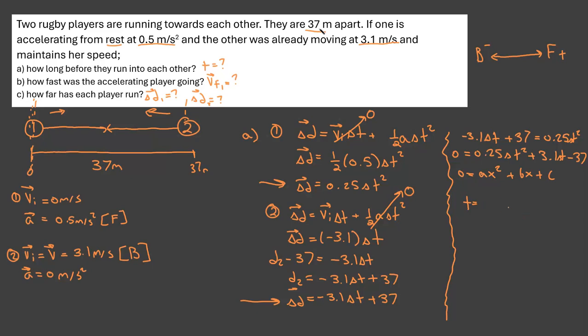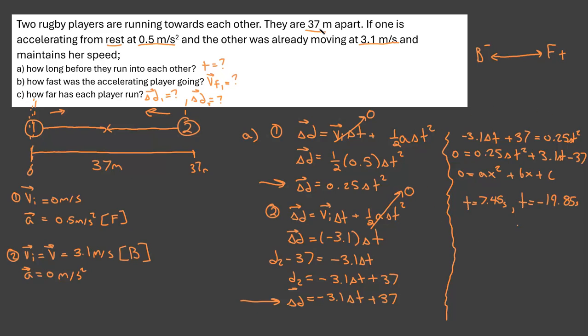I'm not going to show that work here, but go ahead and use a quadratic formula calculator, or you can practice that on your own paper. In this case, we're going to get a time of approximately 7.45 seconds, or negative 19.85 seconds.